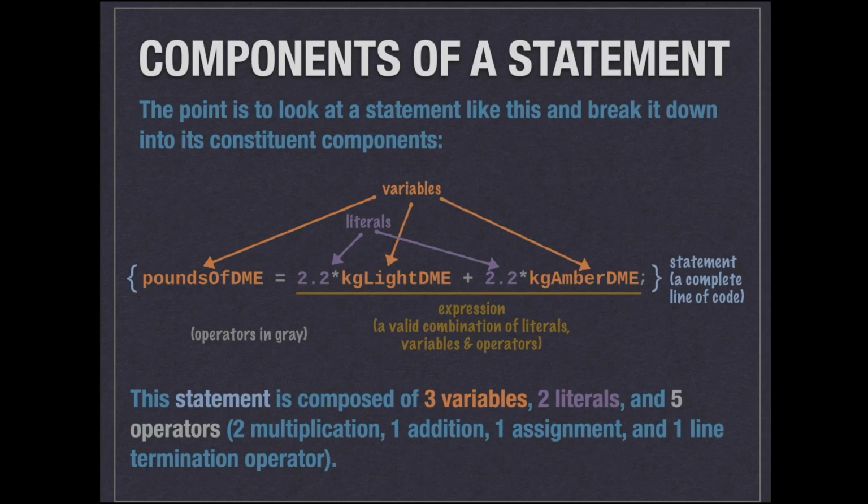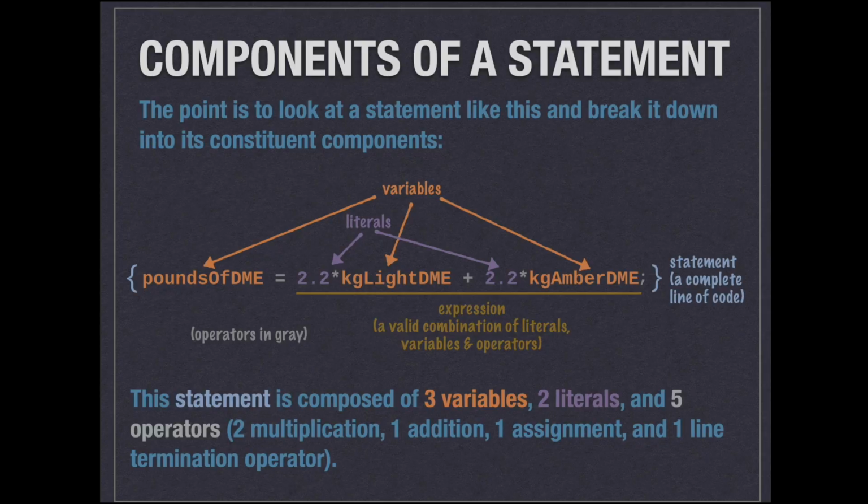But I've used orange to identify three variables, and you can see that they're pounds of DME, light DME, and amber DME, and kilograms, kg light DME, and so on. So those would have had to have been declared and initialized prior to this line for everything to work perfectly. You'll notice that there's no data types here because we're not declaring any of the variables, we're using them.